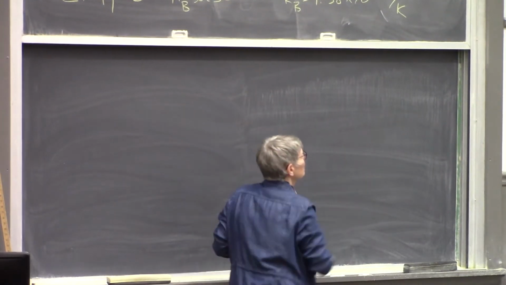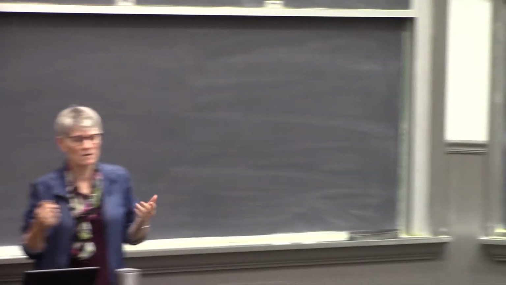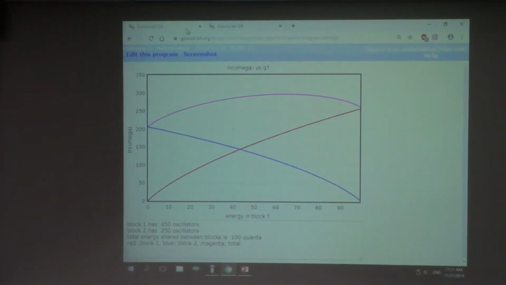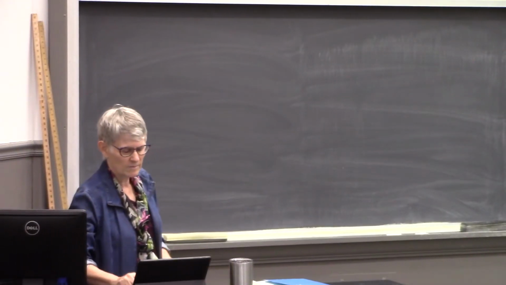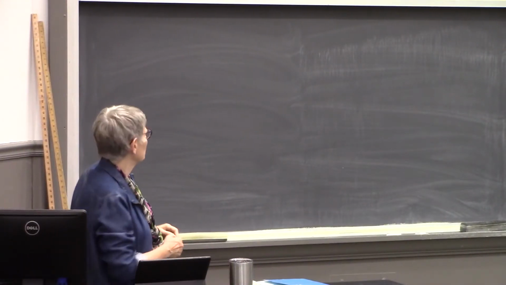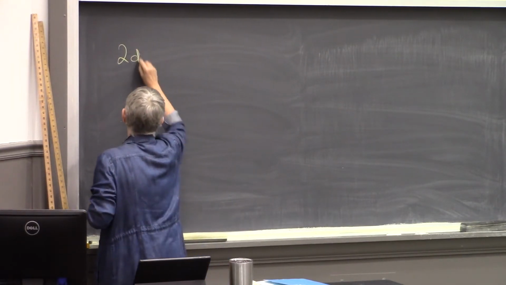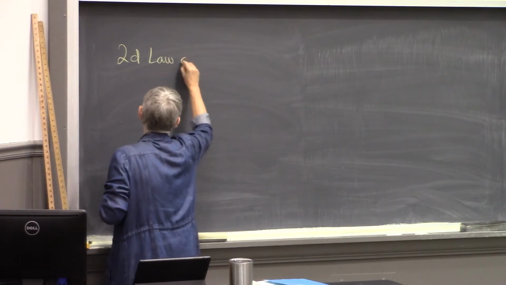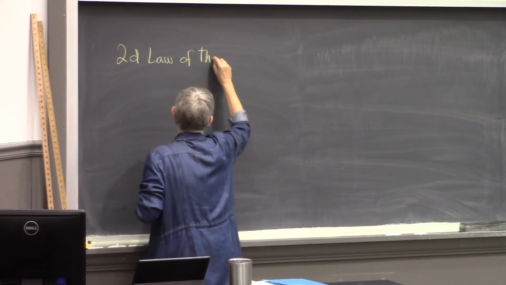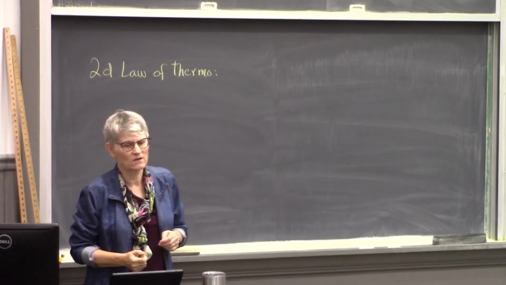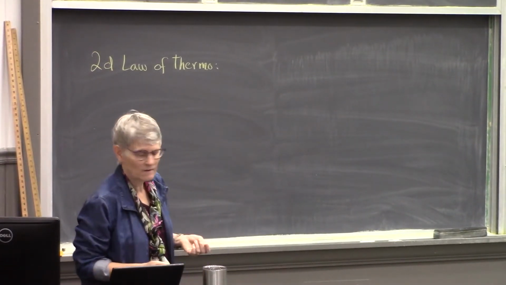And since we see from these graphs that the most probable situation is one where this quantity entropy is at a maximum, that actually leads us to the second law of thermodynamics, which can be stated lots of different ways.